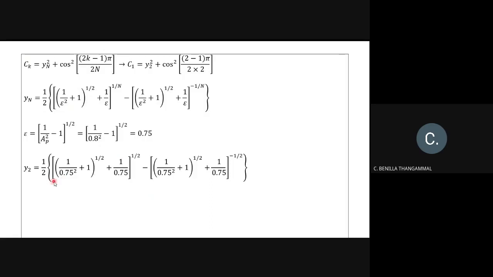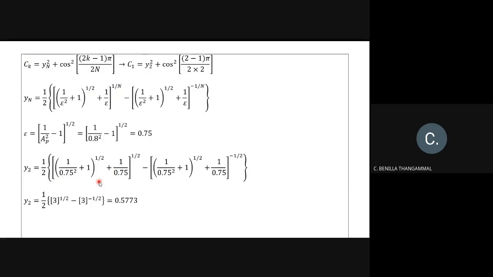So now y2 is equal to 1 by 2 [(0.75^(−2) + 1)^(1/2) + 1/0.75]^(1/2), because n value is 2. Now just calculate the value inside your bracket here. I repeat, (0.75^(−2) + 1)^(1/2) + 0.75^(−1).